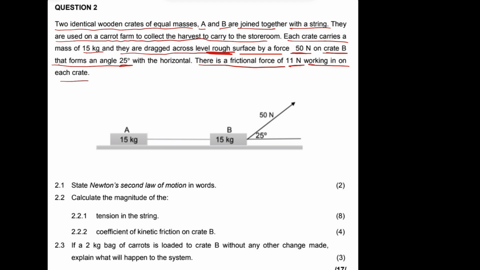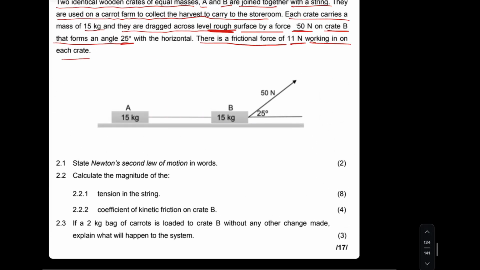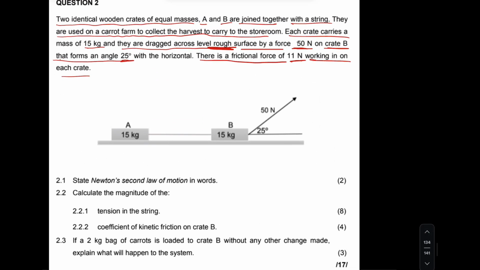I'll start with the force diagram. On block A, there's a normal force and a gravitational force, and there's a tension force going that way, and there's friction since it's moving.